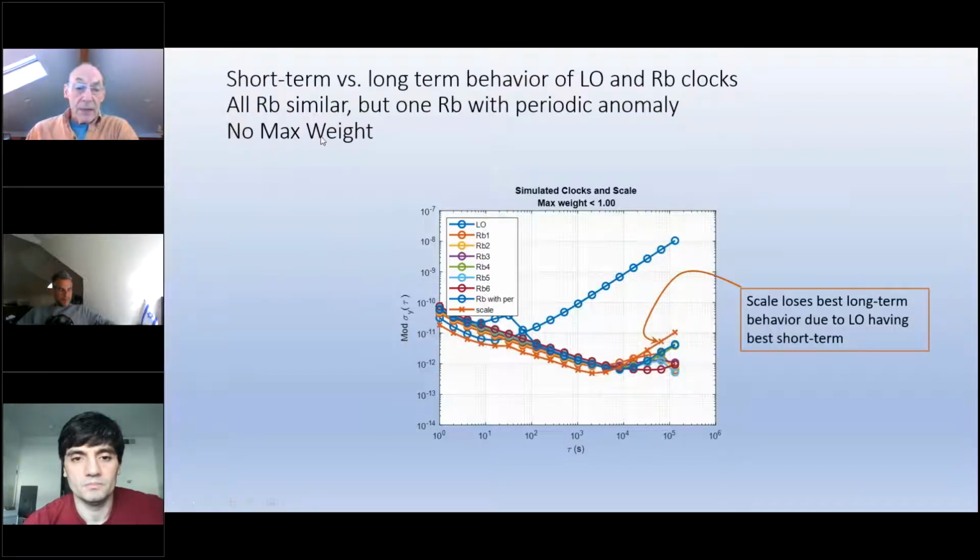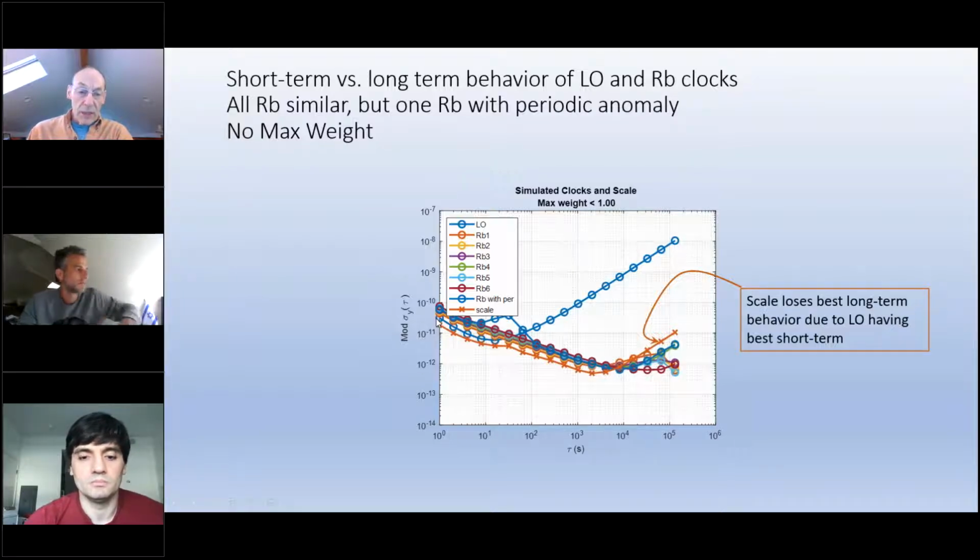So here's a good example of an ensemble of clocks that are very different. This blue one here is a local oscillator. That's a quartz. It's a model of an OCXO, an oven-controlled crystal oscillator.